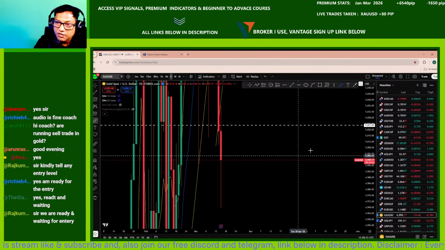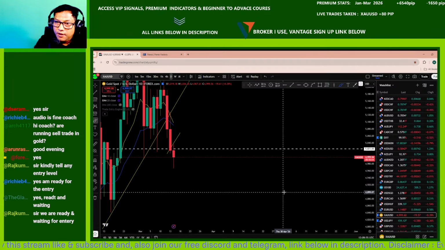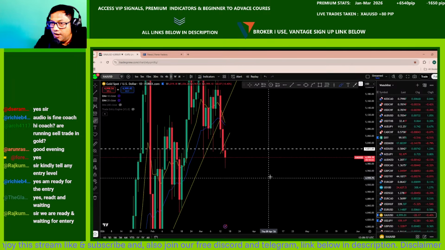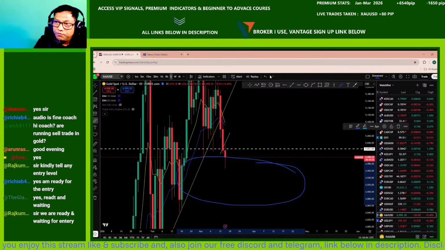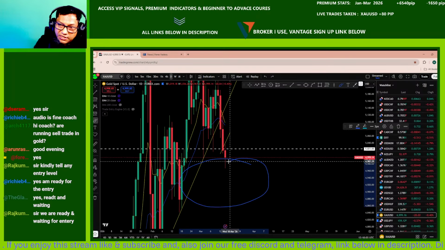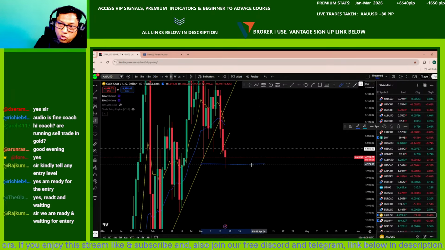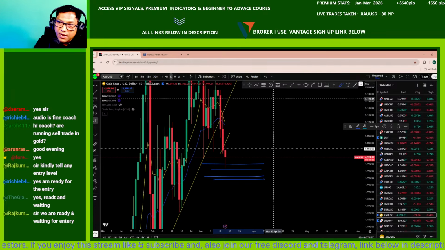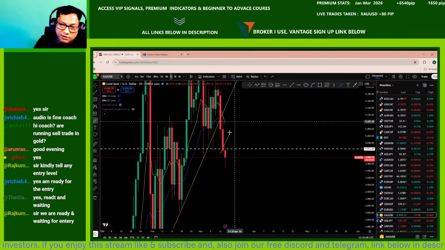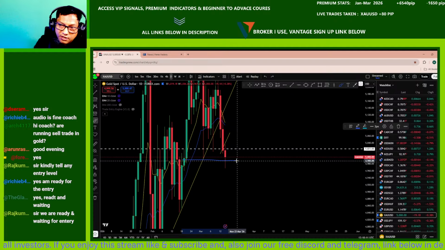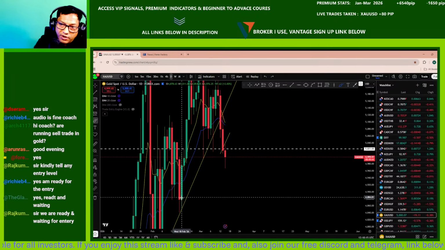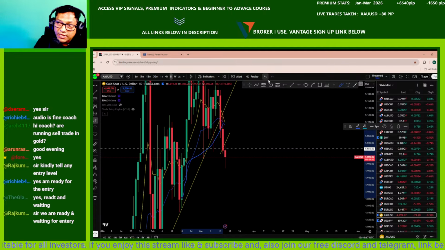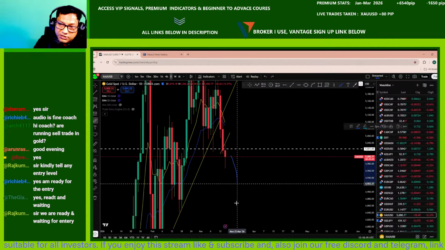So looking at the daily here, the price action is on a new zone here, right? What I was saying, this zone is a daily bullish fair value gap that we have seen, which has not been tested for an extended period of time.